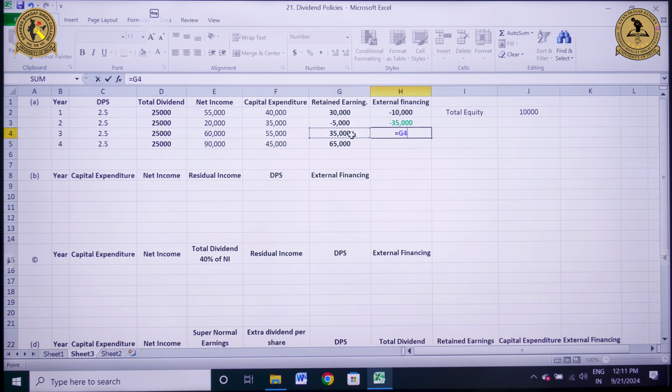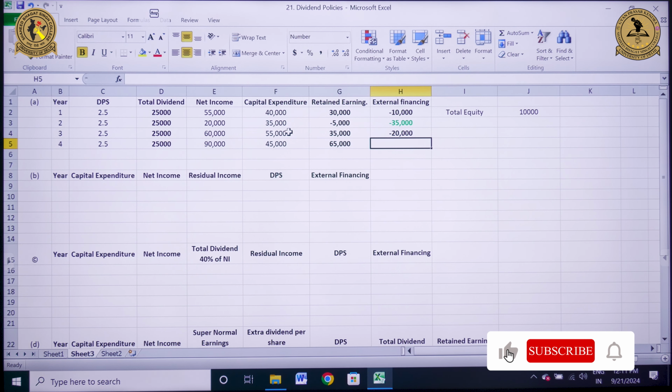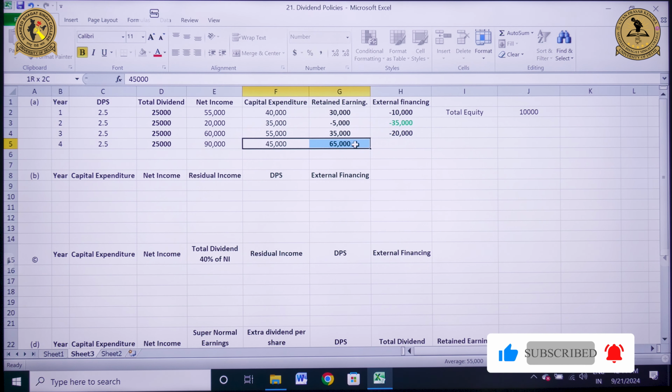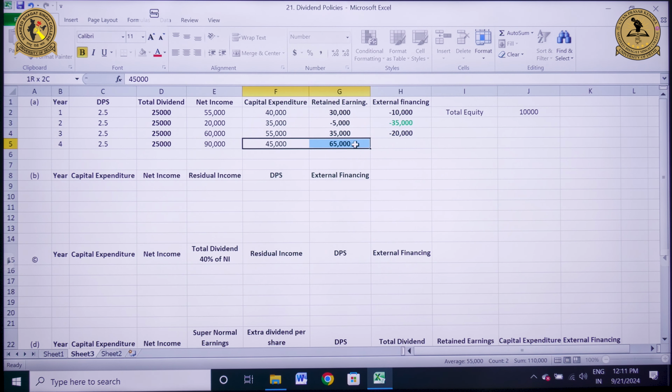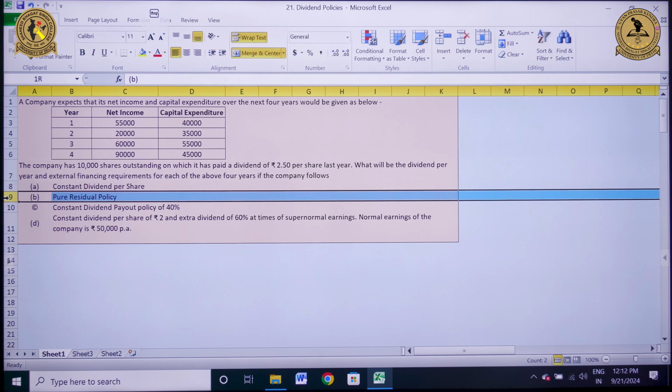So equals retained earning minus 55,000, which means 20,000 external financing is required in year 3. In year 4, the retained earning is 65,000. However, the capex requirement is only 45,000. So in such a scenario, no external financing is required because all your capex requirement can easily be met from the retained earning. Now let's focus on part 2.